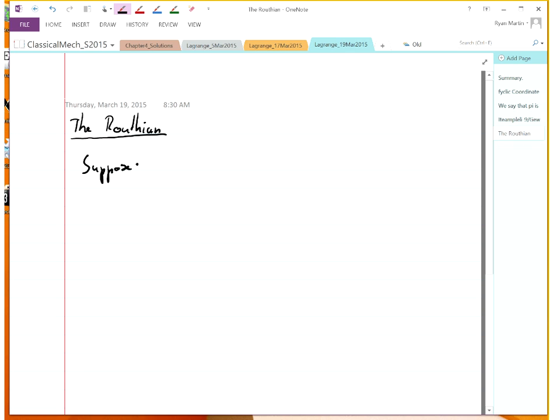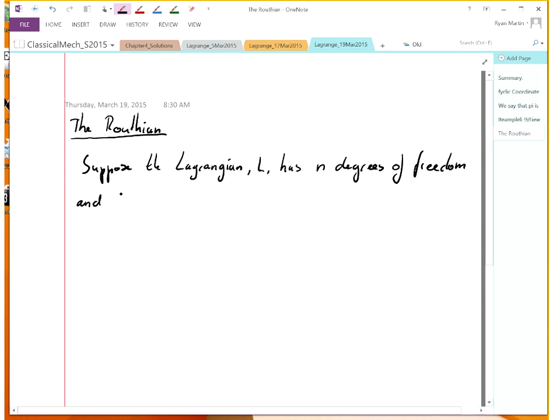So suppose the Lagrangian L has n degrees of freedom and the first k coordinates are cyclic.